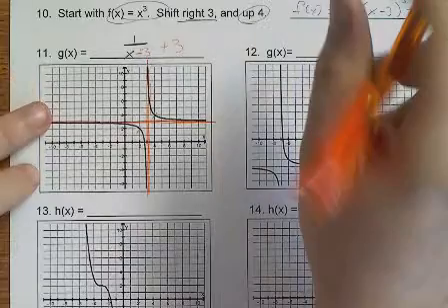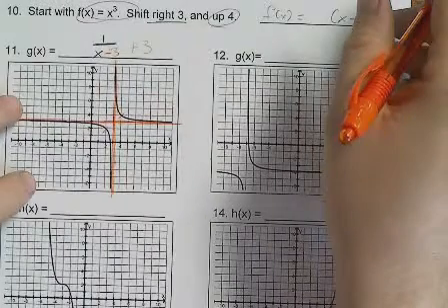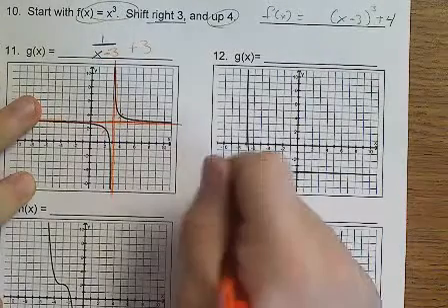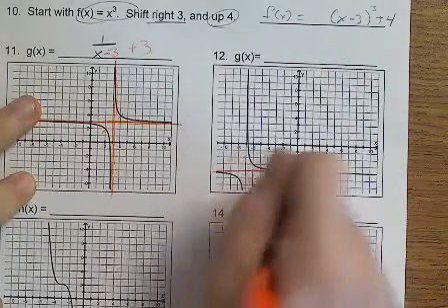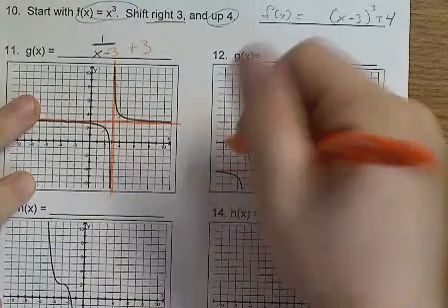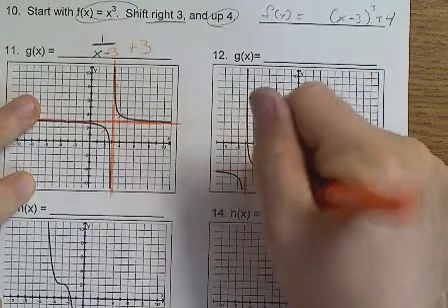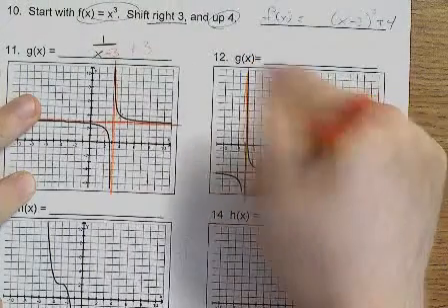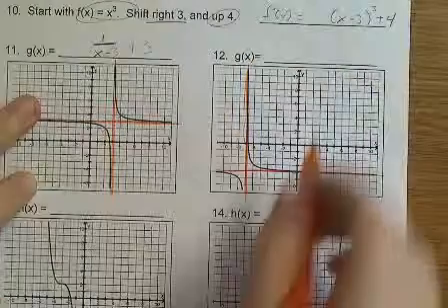We're going to talk about number 12. I've got my same asymptotes. They've just been moved a little bit. One over x.